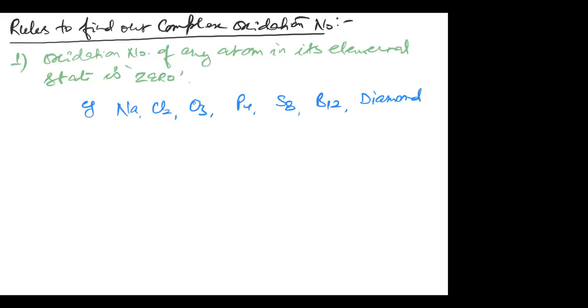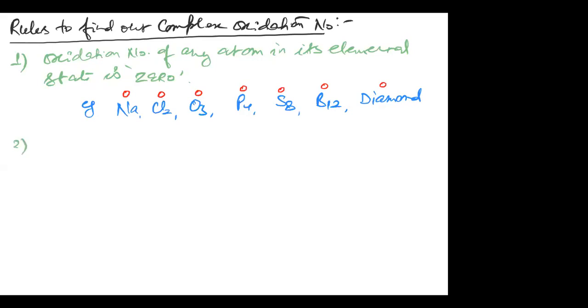All these are elements only. So the oxidation number of sodium, when written as Na only in elemental state, is 0. Cl2 chlorine oxidation number will be 0, ozone 0, phosphorus 0, sulfur 0, boron 0, even diamond, carbon, having 0 oxidation number. So any atom in its elemental state has oxidation number 0.